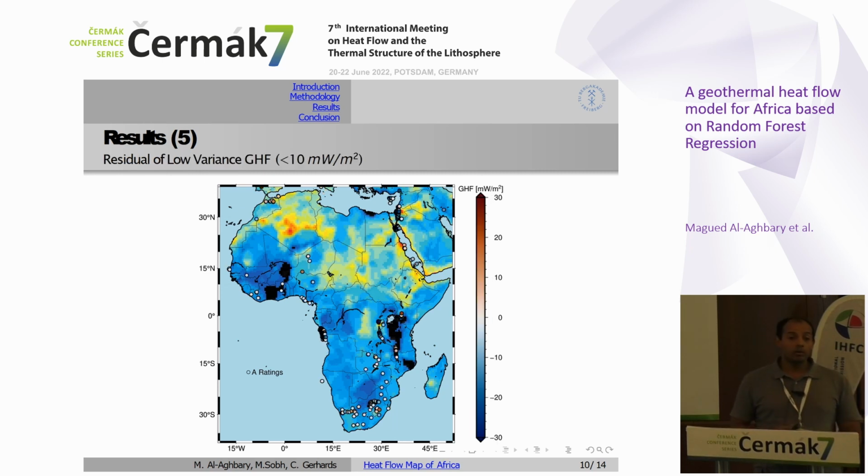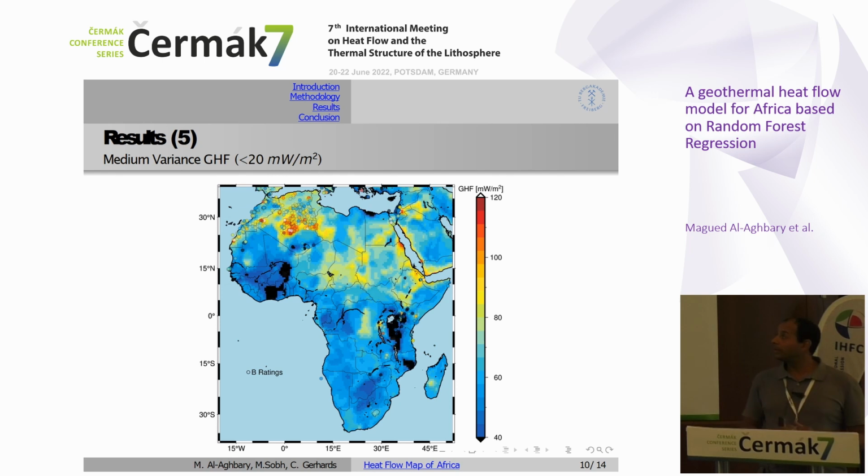Those are the residuals of those points. As you can see, it's mostly whitish, also another good sign. And if you would like to overlay the points that have less than 20 milliwatt per meter square, you can see again the trend is kept, and that is also a good sign.